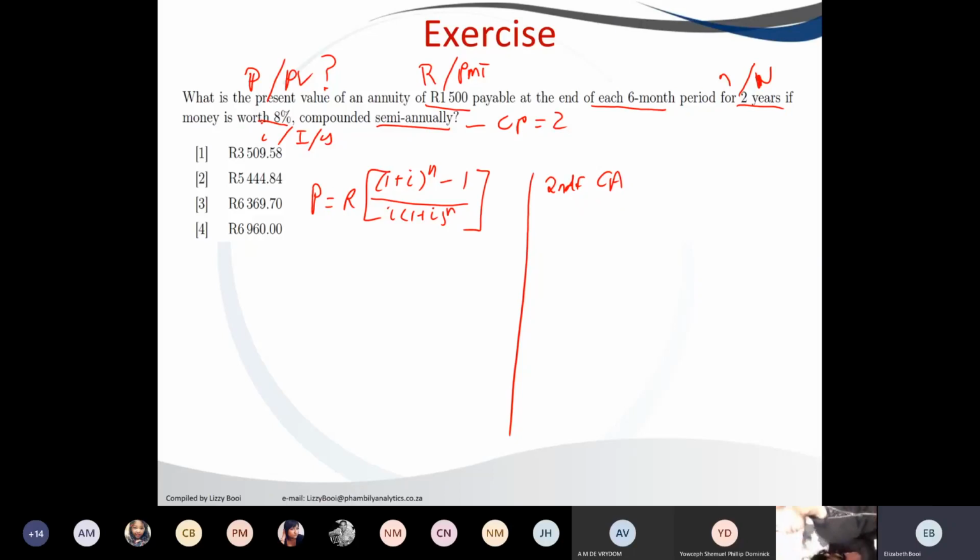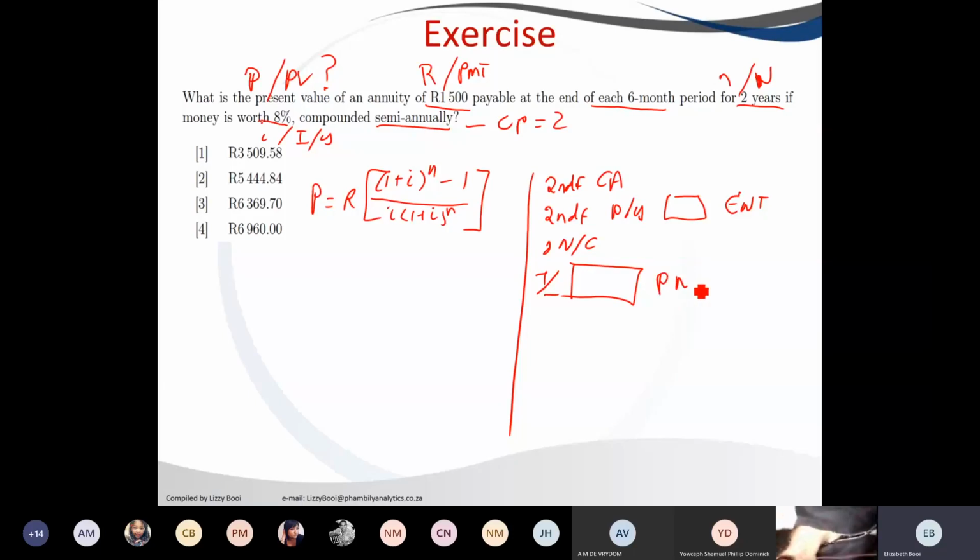And those who are doing calculator calculations, you do second function CLR, to clear your calculator of any stored values. Second function P/Y, and you put in what your compounding periods are, and you press enter, and you go on and off your calculator. Then you press plus or minus, and you put in the value of your payment that they give you, and you press PMT. Then let's put in the interest first: the value of your interest, as you see, is 8%, and you press I/Y.